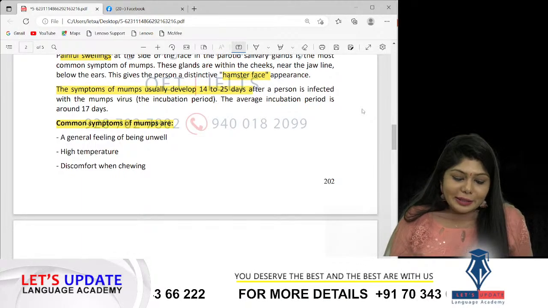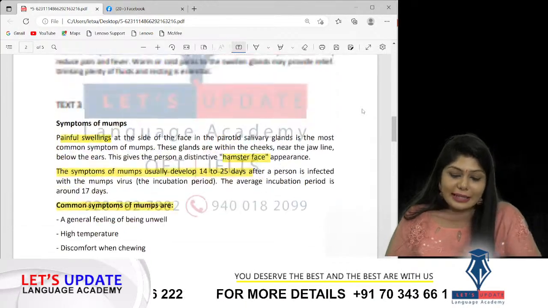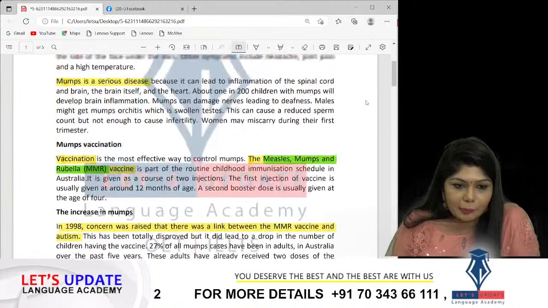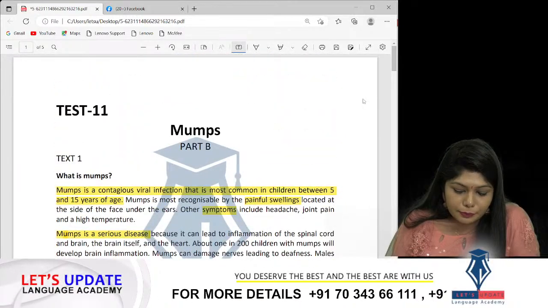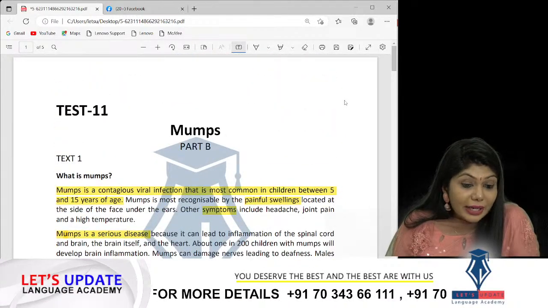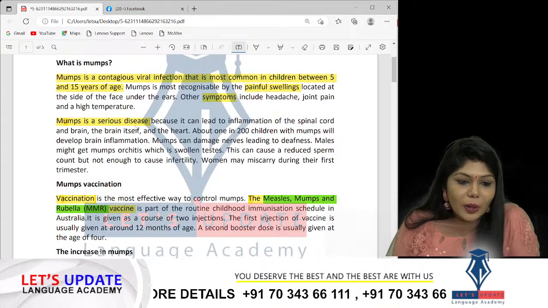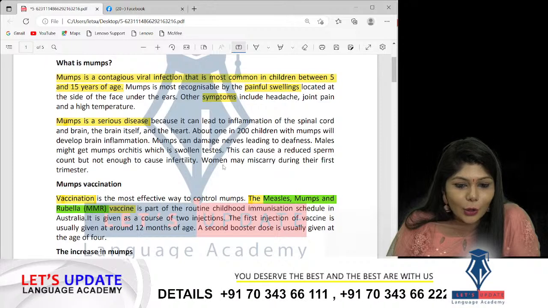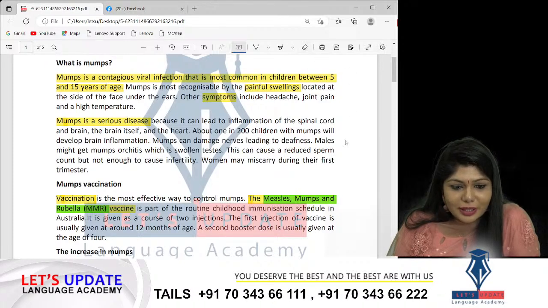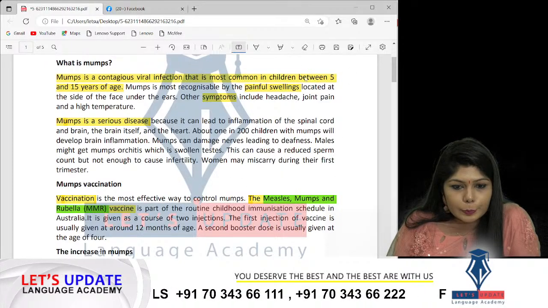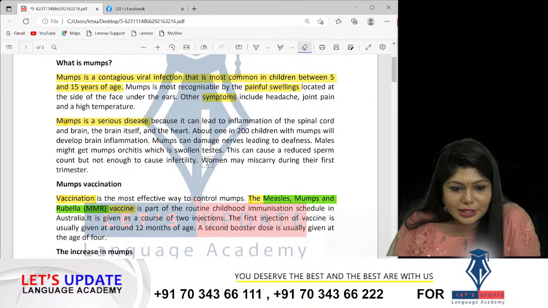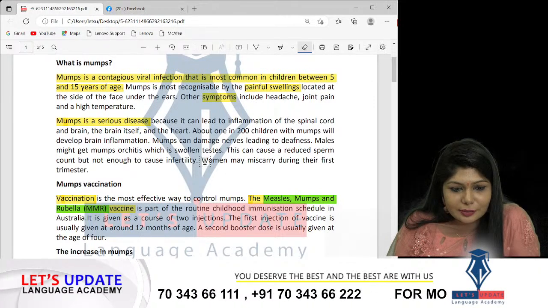It should ideally be in text 1 or text A, right? Because they were talking about mumps being a serious disease, and they cited the reasons why it is a serious disease, and over here they have this information. You can see the information here. I'll just highlight this information.